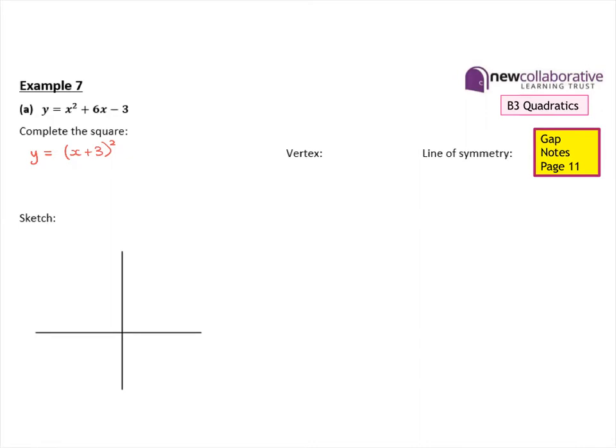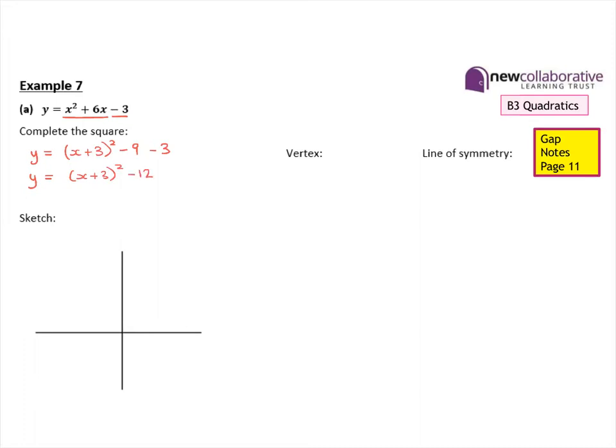We're going to need to subtract 9, so that we're only left with x squared plus 6x when we expand the (x plus 3) squared, but we also need to ensure that we have negative 3. So we can tag that on the end there and get the completed square form of y equals (x plus 3) squared, take away 12.